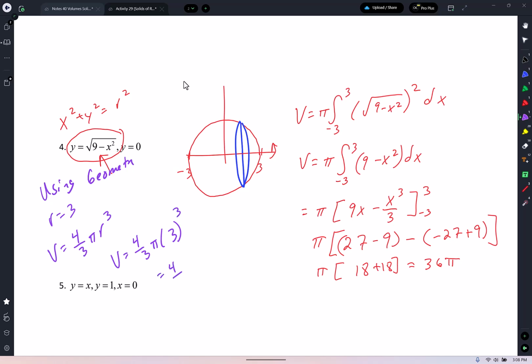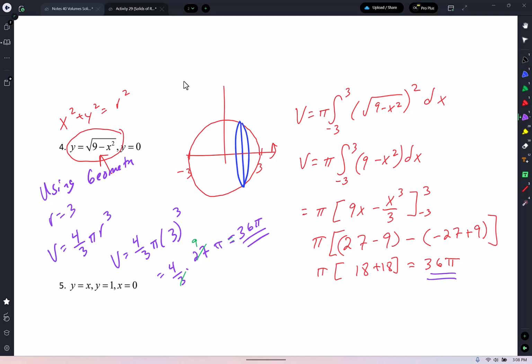So we get 4/3 times 3 to the third power, which is 27. 3 goes into 27 9 times, right? 9 times 4, 36. OMG. Are you shocked that we got the same answer, 36 pi?